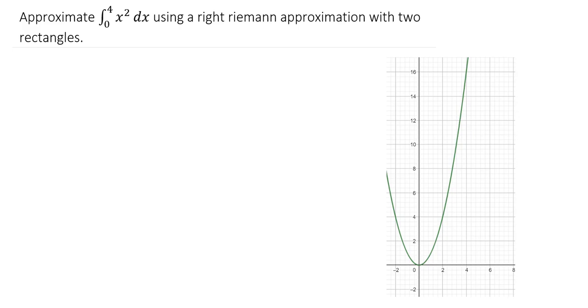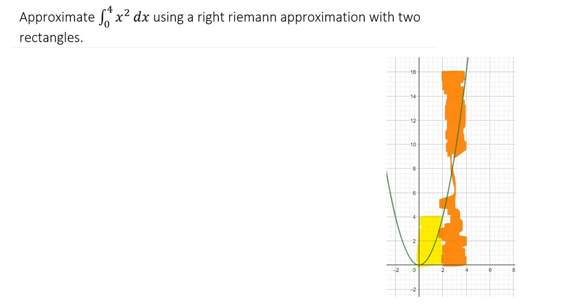One of my rectangles goes between 0 and 2, and because it's a right Riemann approximation, I make this rectangle have a height of f of 2. Its top right corner should line up with 2. Then I make a rectangle between 2 and 4, and its height will be whatever the y value from 4 is. So its height is going to be all the way up here.